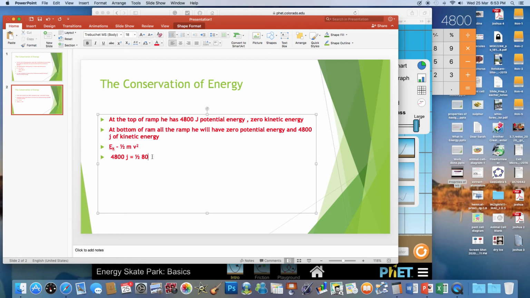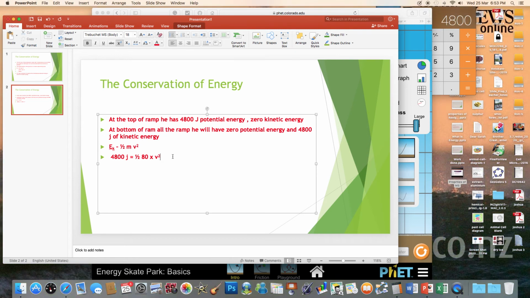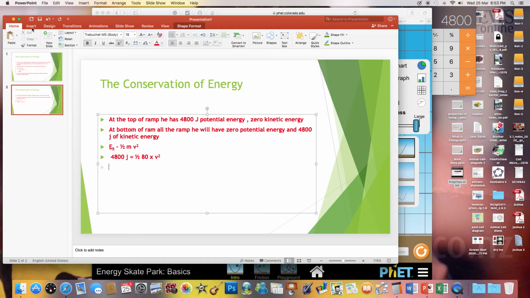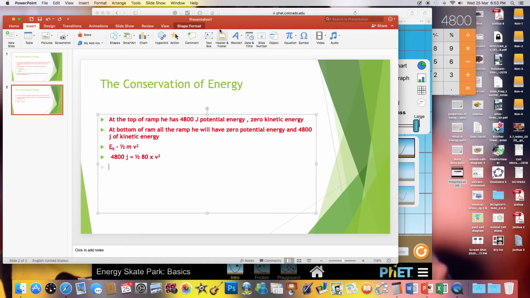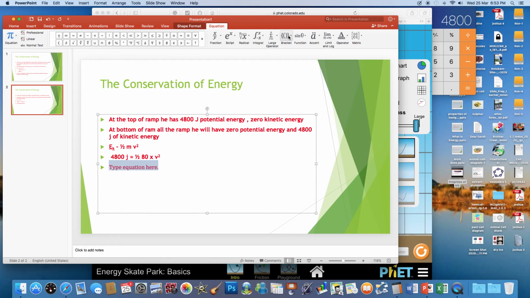And this is times velocity squared. So if we now do our math, rearrange the formula, and divide 4,800 by 1/2 of 80, which is 40, we can get the answer to what v squared is.